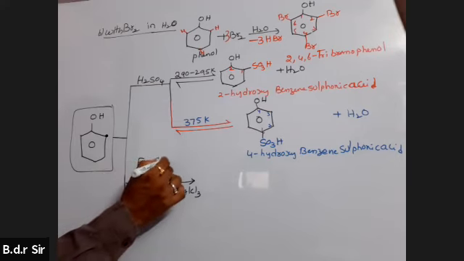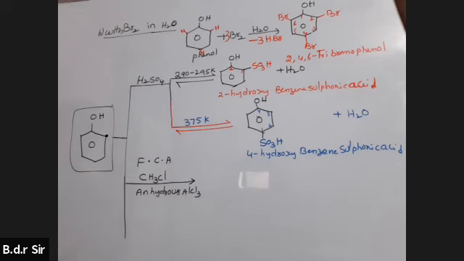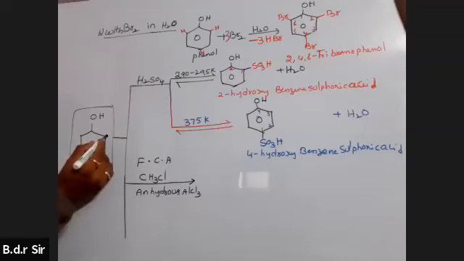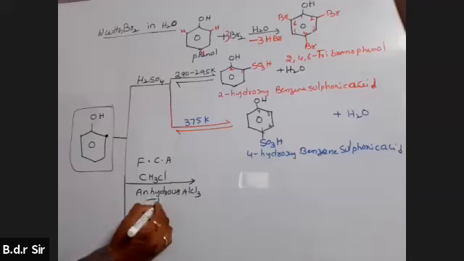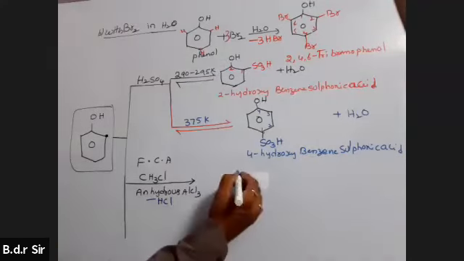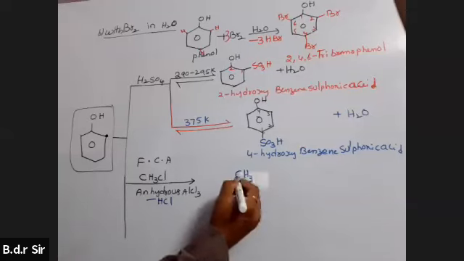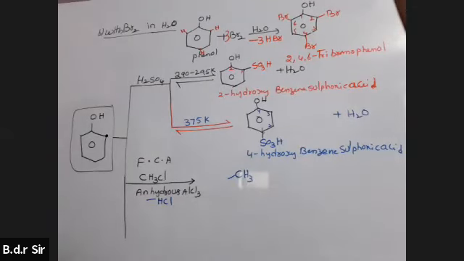Friedel-Crafts alkylation reaction. What is the product? Here, at the ortho position hydrogen, here chlorine removed as HCl. It means the methyl group attacks at the ortho position, remaining as it is.